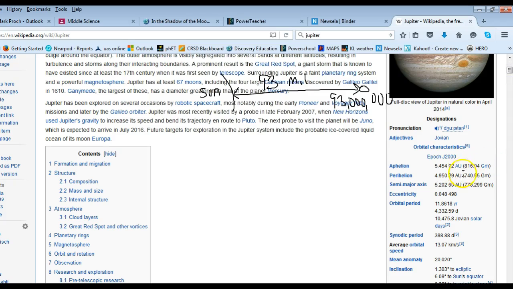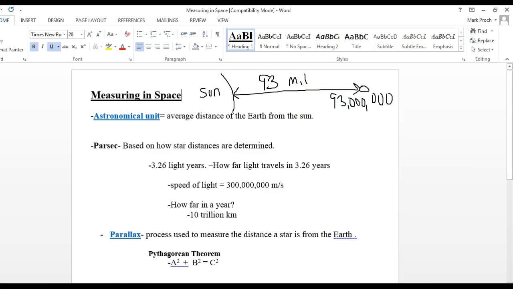Okay, so it gives us AUs, it's 5 AUs, and we'll talk about that in a minute. So almost 5.5 times further. So if we go back to these notes, I don't really have a million miles, but we take 93 times 5.5, and then we just keep getting bigger and bigger numbers.